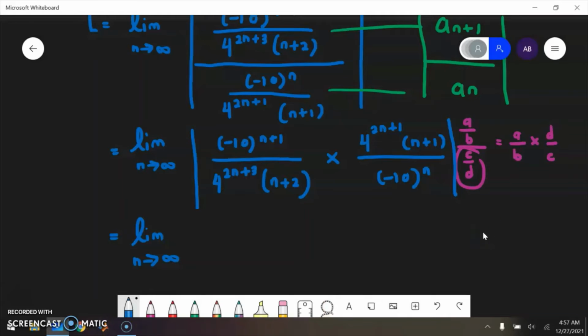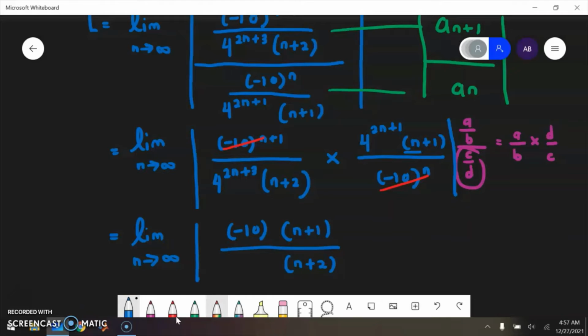Okay, so what we have here: negative 10 to the power of n and negative 10 to the power of n cancel out. That leaves me with negative 10 to the power of 1, so negative 10. Now this term will never cancel out, so I will have n plus 1 over n plus 2.